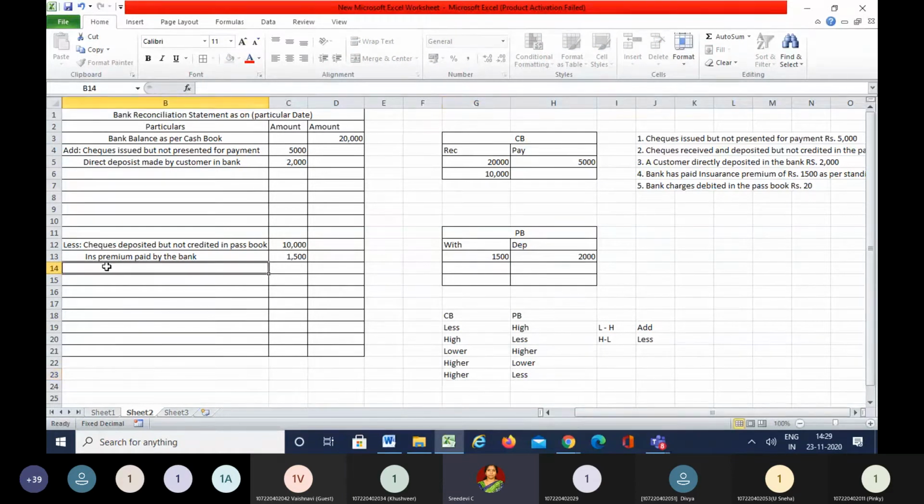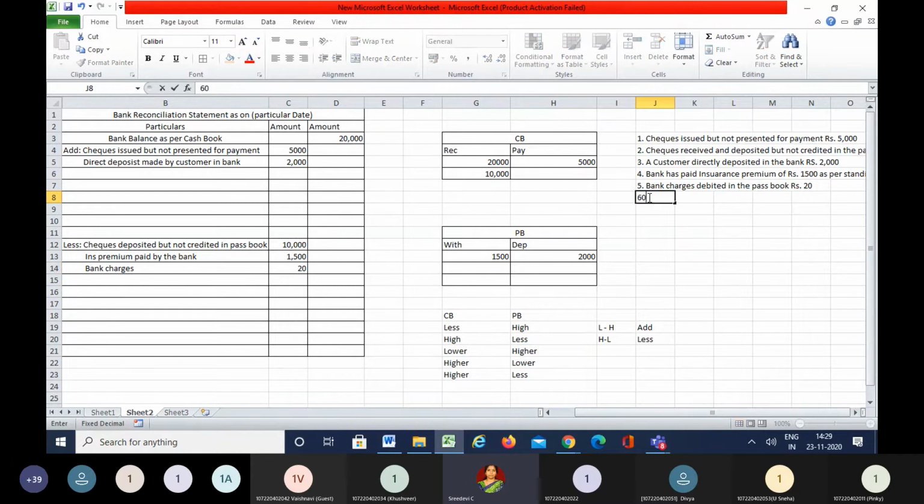Less. Left side we have to write. Now you can just make out by yourself what all you are adding and what all you are deducting.